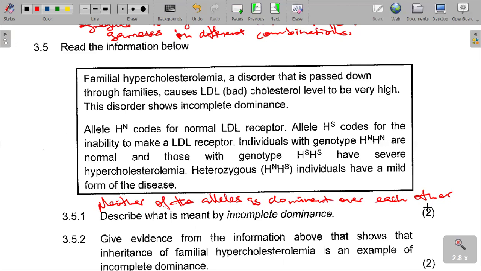That is what you mean by incomplete dominance. Neither of the alleles is dominant over the other. Therefore, it results in an intermediate phenotype, which is produced, resulting in an intermediate.